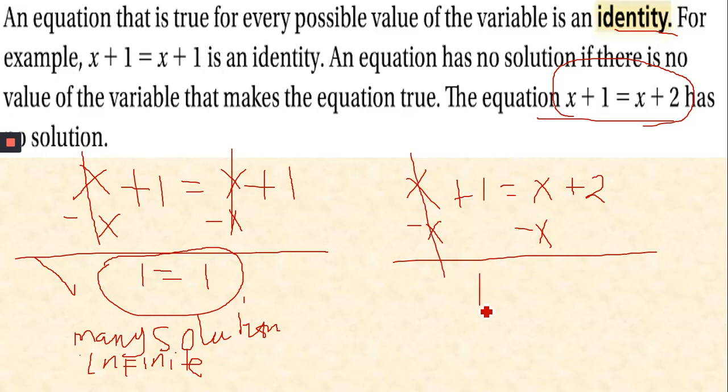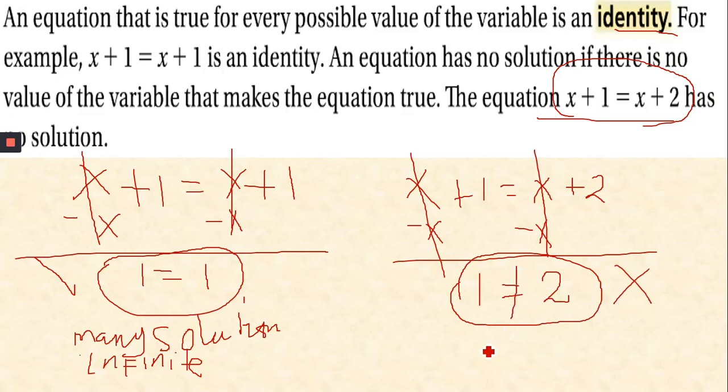Bring down 1 equals, x minus x is 0, bring down 2. Question: is 1 equal to 2? No. They are not equal. In this case, we do not have a variable, and since they are not equal, therefore the equation has no solution.